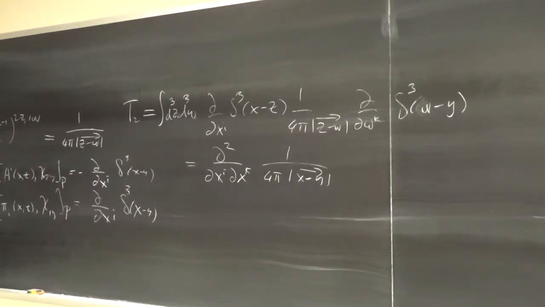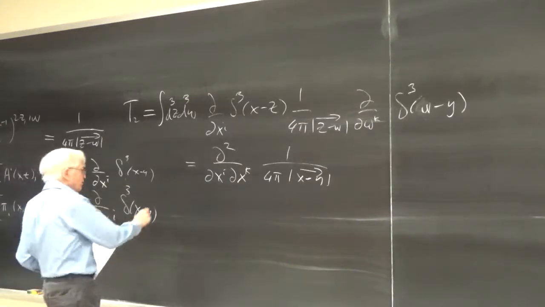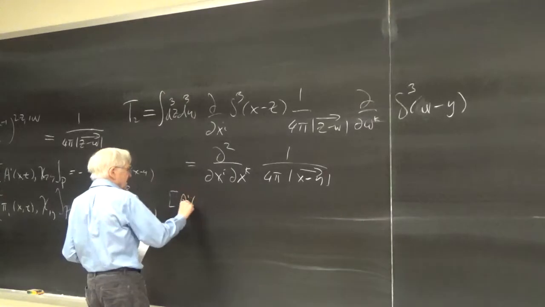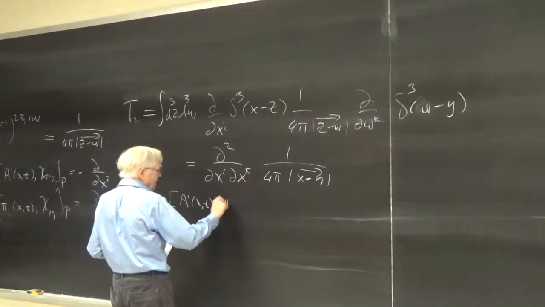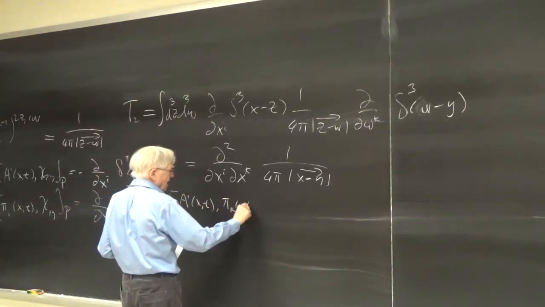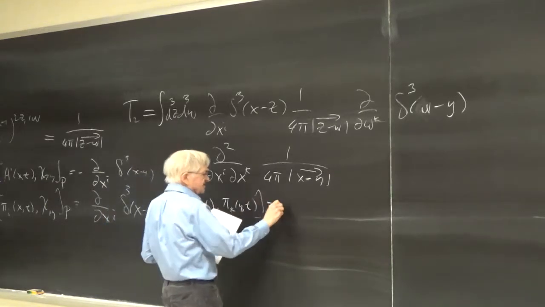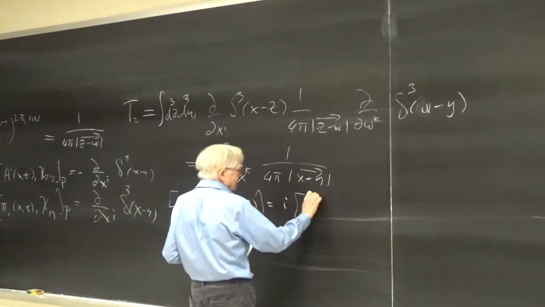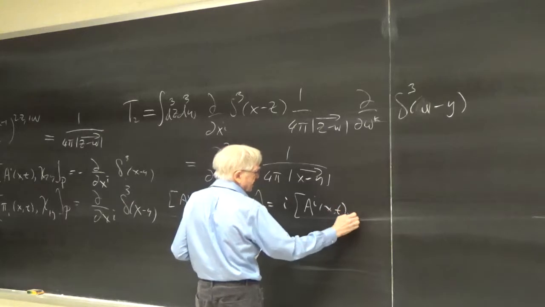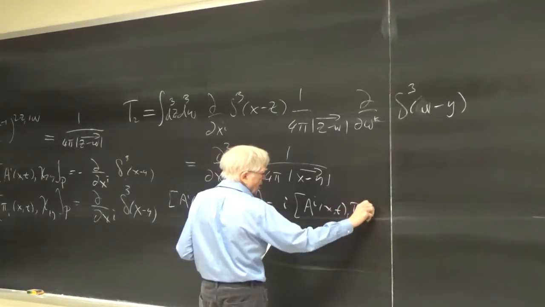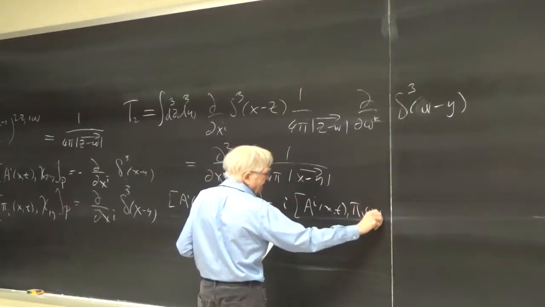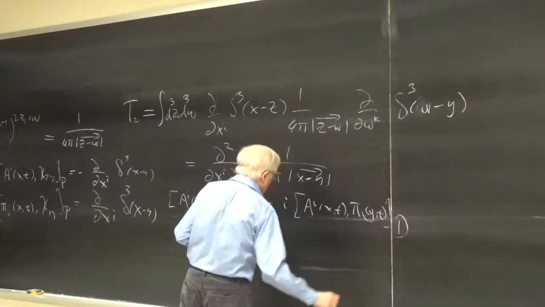Okay, so if that's T2, then what we have as the actual quantum commutator is i times the Dirac bracket. So we have the commutator of A_i(x,t) and pi_k(y,t) is i times the Dirac bracket.